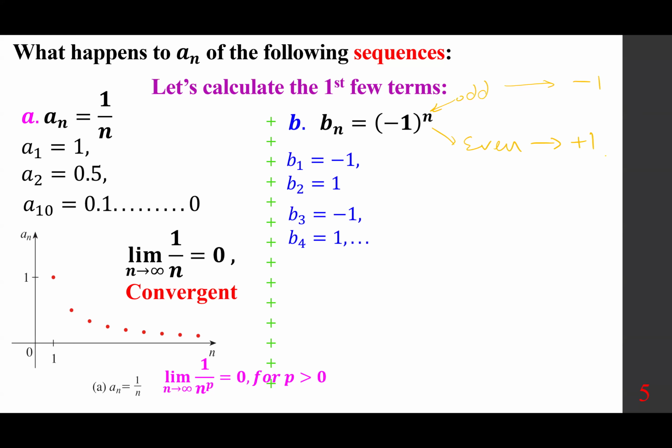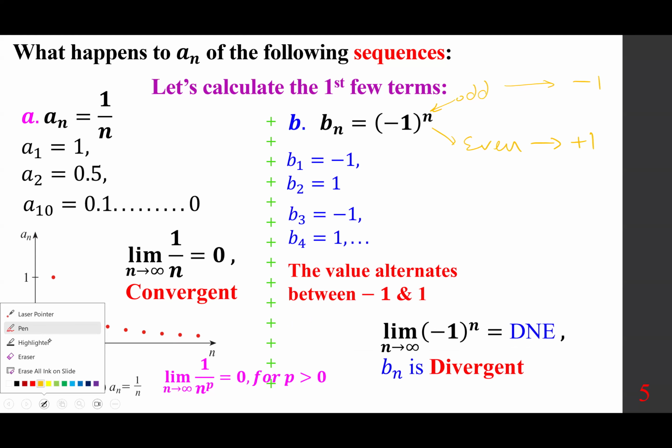So it oscillates, it alternates between the two values, negative 1 and 1. Therefore, you don't have one answer, the limit doesn't exist, and it's divergent. We write the limit of negative 1 to the power of n as n approaches infinity, DNE, does not exist. That means b sub n is divergent, everybody.